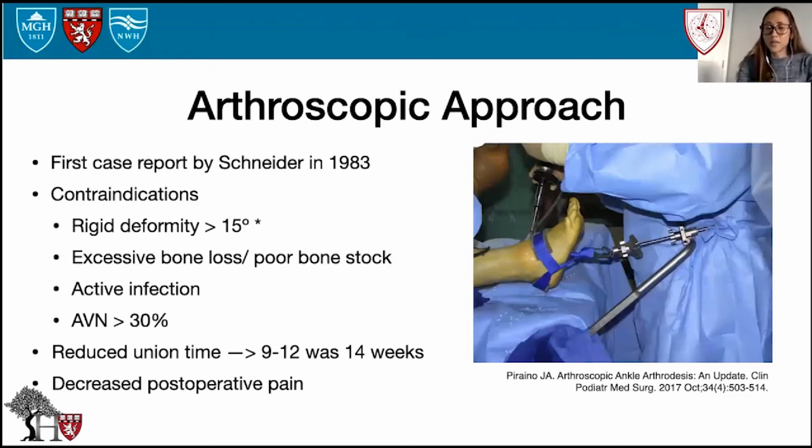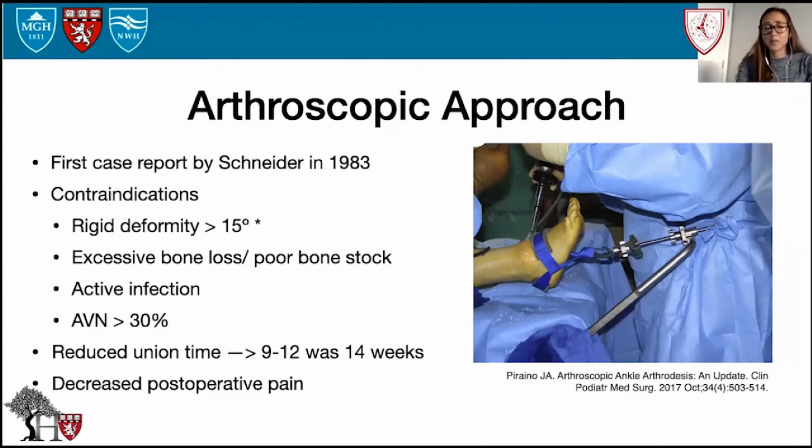Also, there are some studies that have shown that surgeons with high experience in arthroscopic ankle arthrodesis might achieve successful outcomes in patients with a higher deformity. My recommendation would be to start with less deformity and progress as you feel comfortable with this approach.